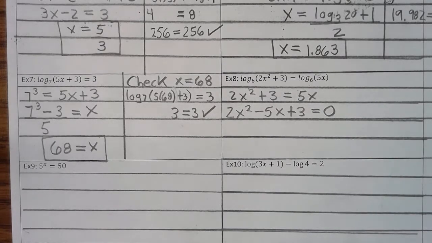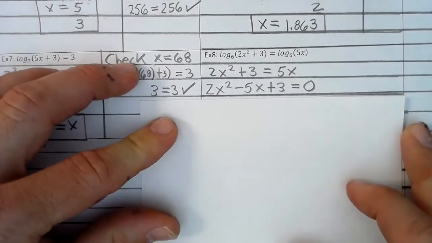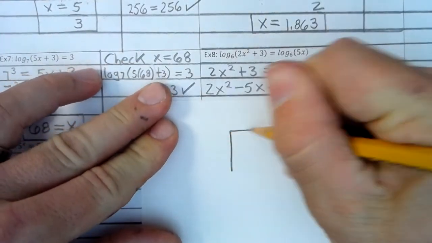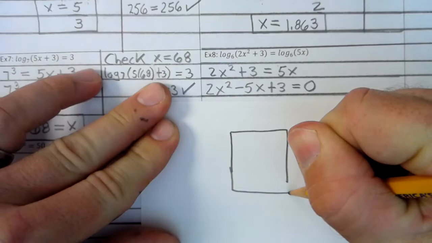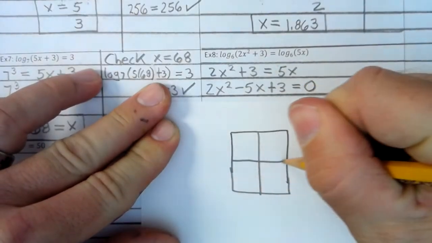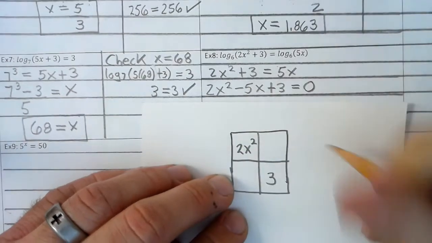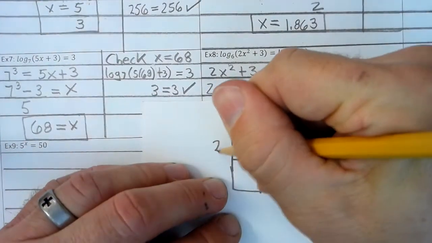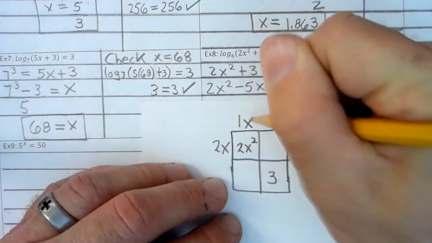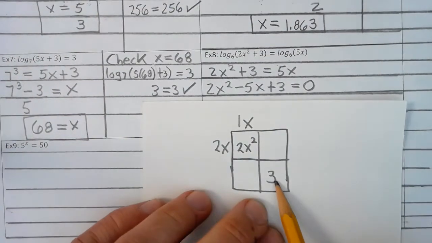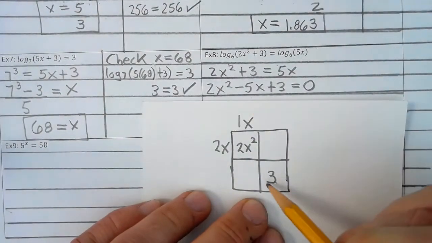Now, to see if this is factorable, I would recommend just drawing a box. Now, we know first term, last term, so we know 2x, 1x. Now we need to find all the combinations of 3. Since the middle number is negative, they have to be both negative.